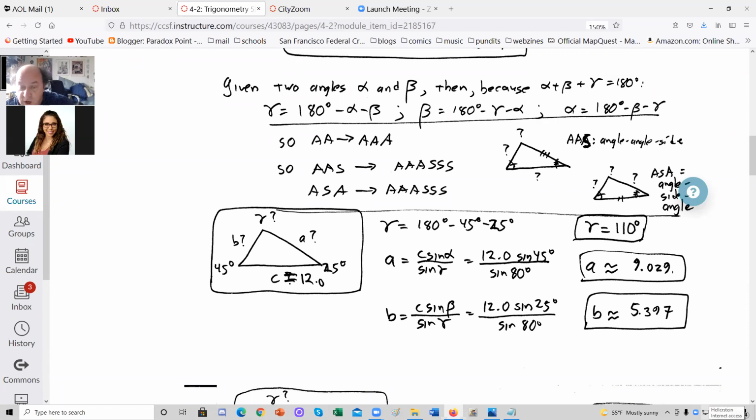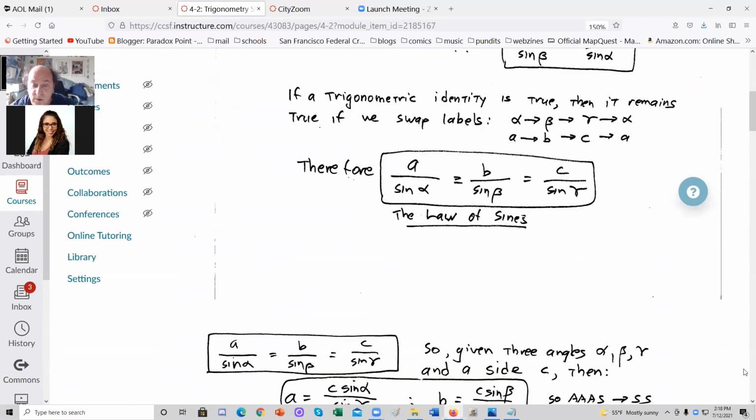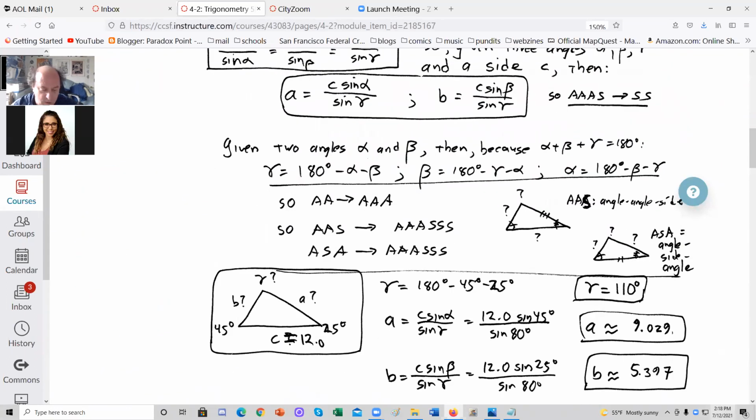I'm going to have to change that. Page 2, is it 422? Change... sine of 110 degrees. My apologies. Well, okay, these are off. In fact, let's figure it. This should be 12.0 sine of 45 degrees, divided by sine 110 degrees.